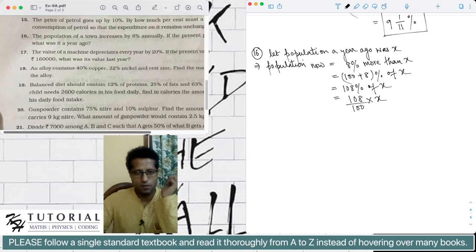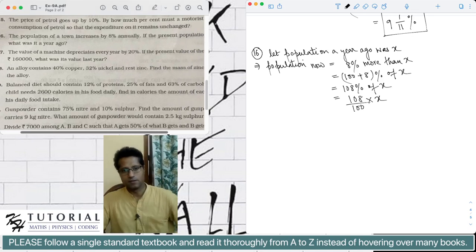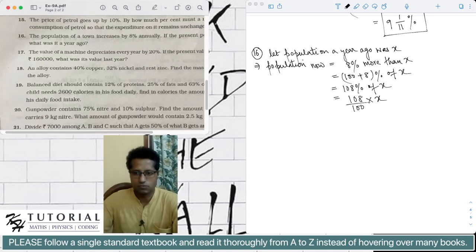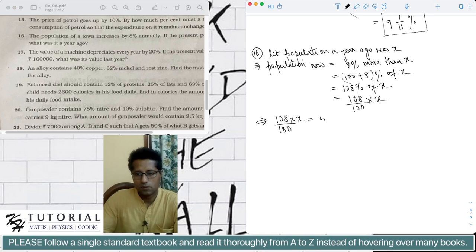That is the present population, and it is also given that the present population is 54,000. So this implies 108 divided by 100 multiplied by X is equal to 54000. So this implies X is equal to 54000 divided by 108 by 100.